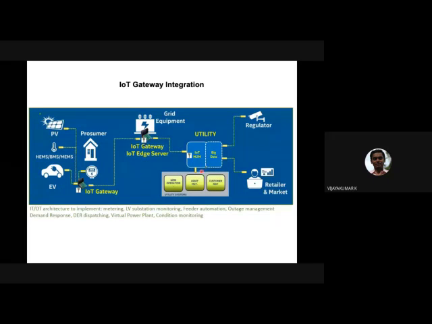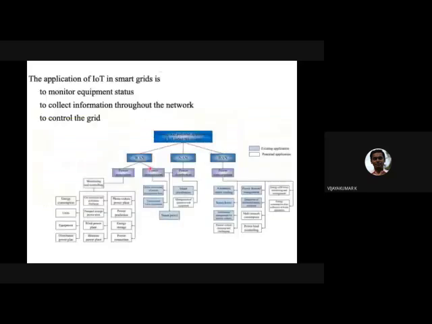For taking decisions or monitoring, even the metering of every consumer, you can say it's demand response at the distribution side. And all of it is possible by integrating the gateways this way.